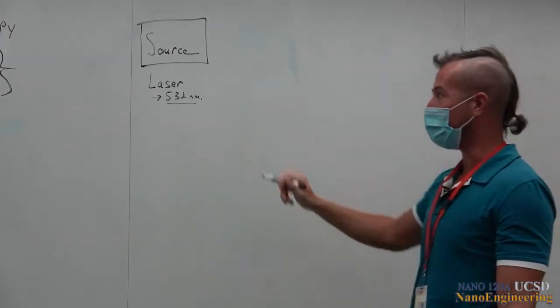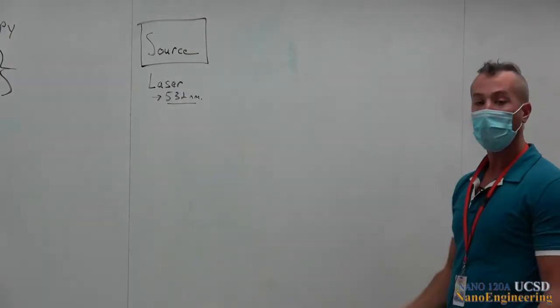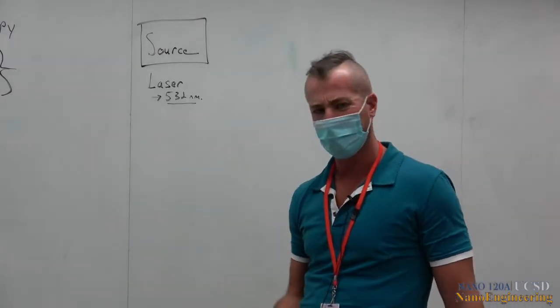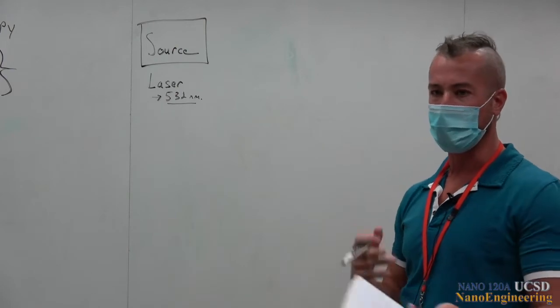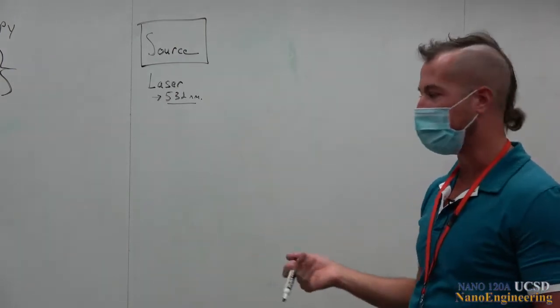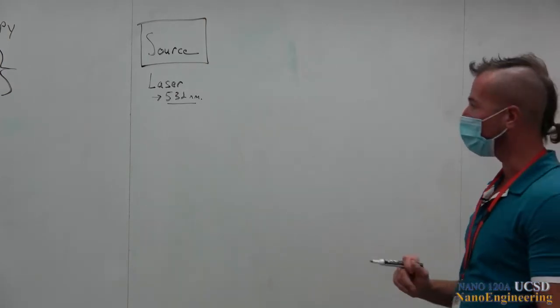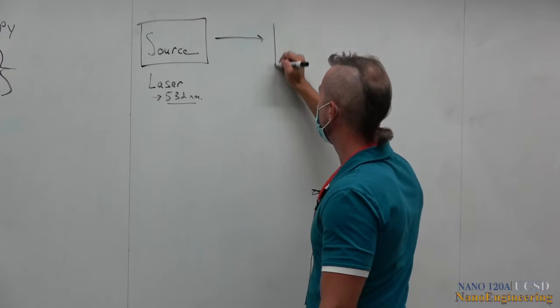The hint is that it's going to be in this area. But the one we're going to use today is 532. 532 is cheap. It's common. It's right in the middle of the spectra, so we're going to pick up blue and red scattering as well. So that's a good region to work in.